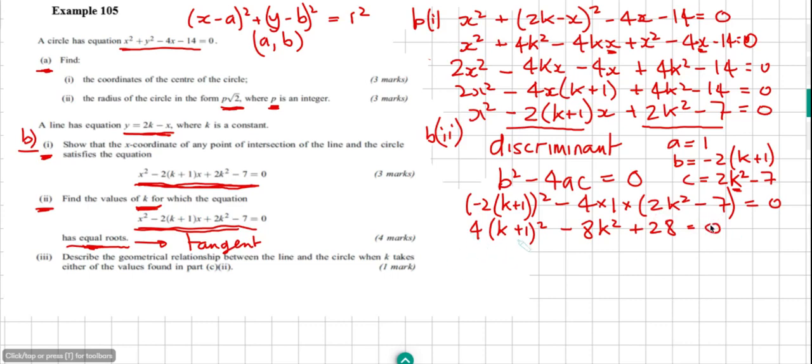So I'm going to need to then square out this bracket. So I've got 4 times k squared plus 2k plus 1, with all the rest of the stuff added at the end.